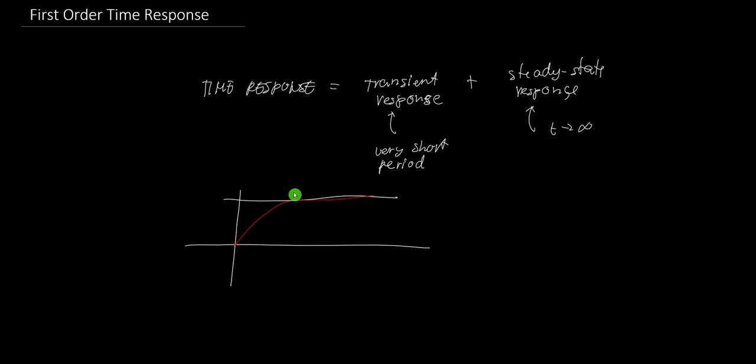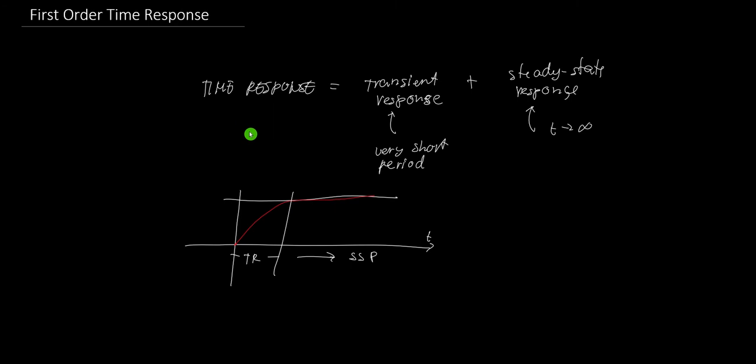This part is the transient response. All this part towards when t approaches infinity is called the steady state response. So that's the two parts of a time response.